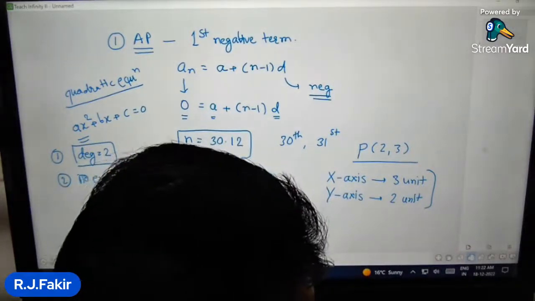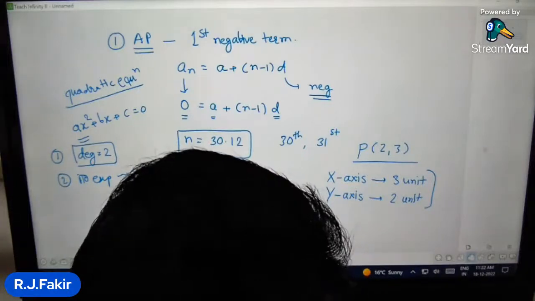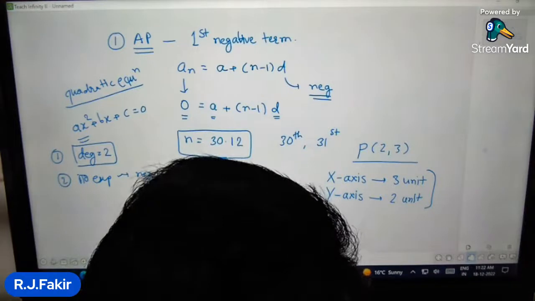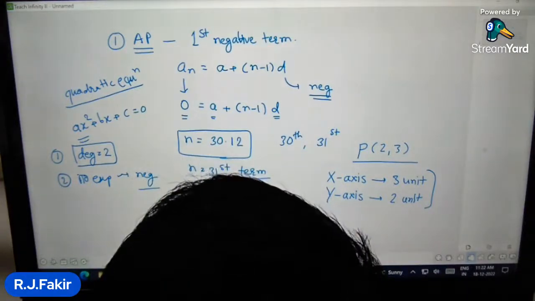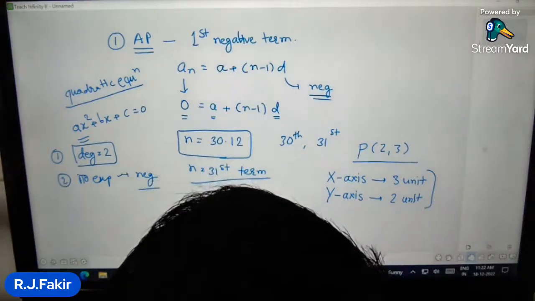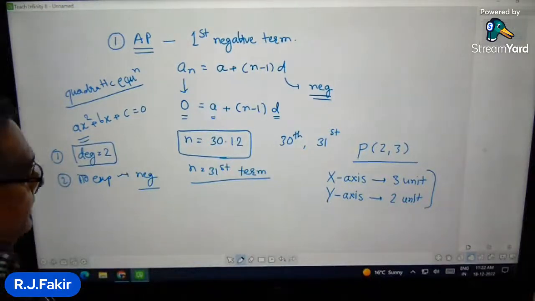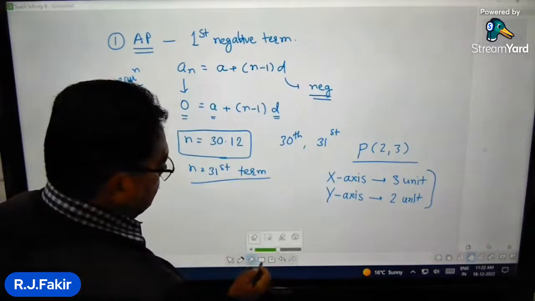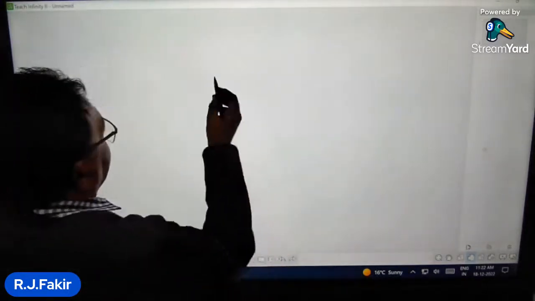If the radii of two concentric circles are 4 and 5 centimeter, then the length of each chord of one circle, which is the tangent to the other circle. Concentric circles means they have the same center but different radii.